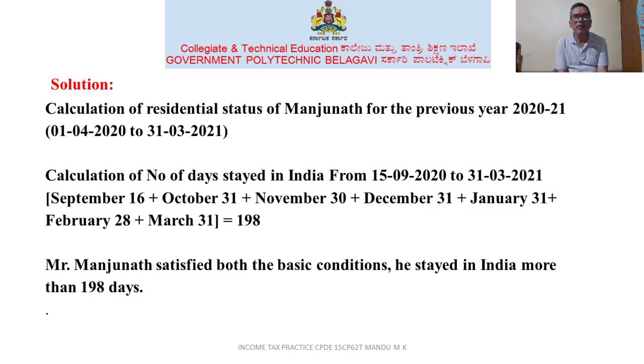In the month of September, 16 days, October 31 days, November 30 days, December 31 days, January 31, February 28 days, March 31 days. Total his stay is 198 days. Hence, Mr. Manjunath satisfied both the basic conditions as he stayed in India more than 182 days.